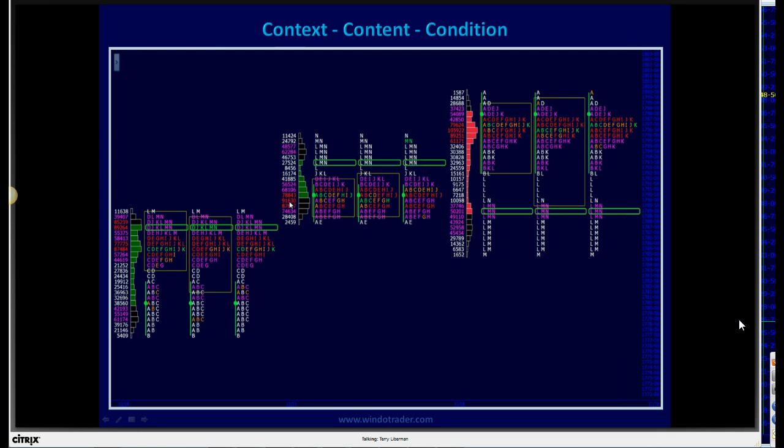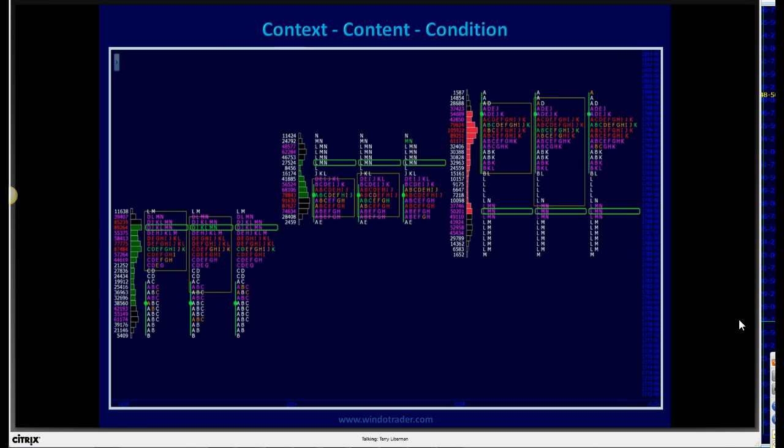This one, I configured it for the point of control to be based on the highest number of contracts traded at price for the session. And in that case, it's right here. It's not the same as the point of control based on TPOs.